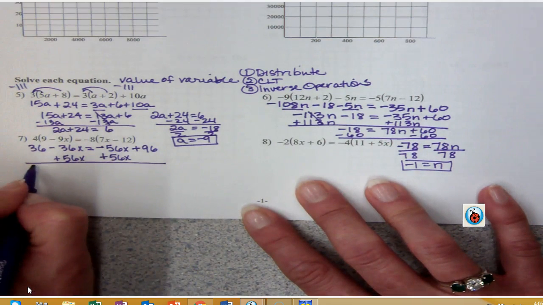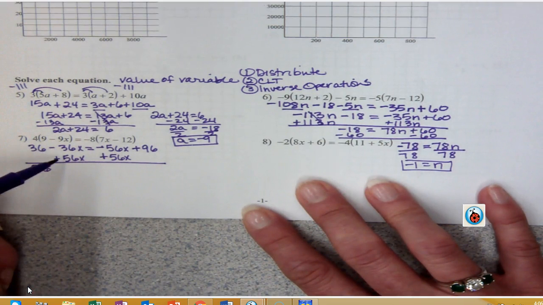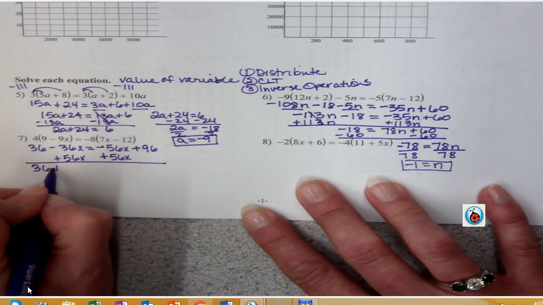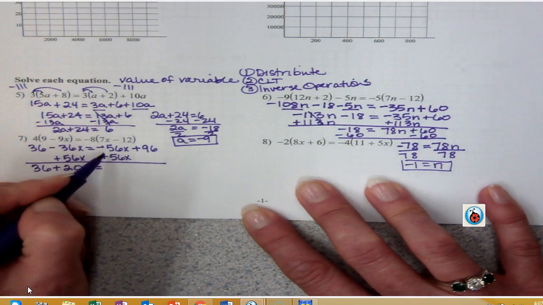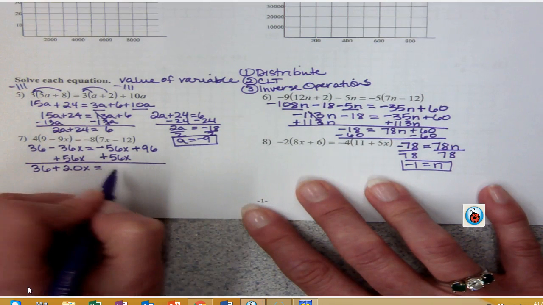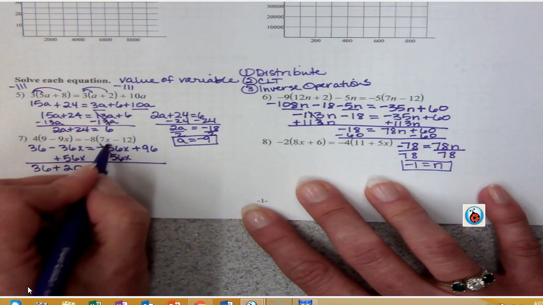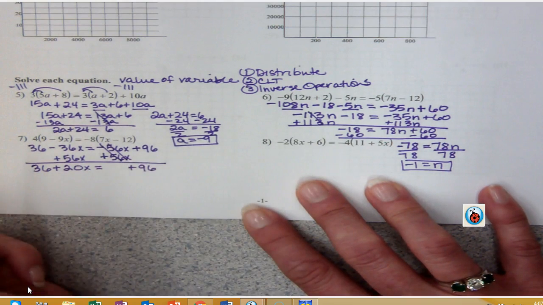So I bring down my negative 36 plus 56 is going to give me a positive 20x. This negative 56 plus 56x is going to give me a 0. So those cross each other out. And I'm left with 96 on this side.